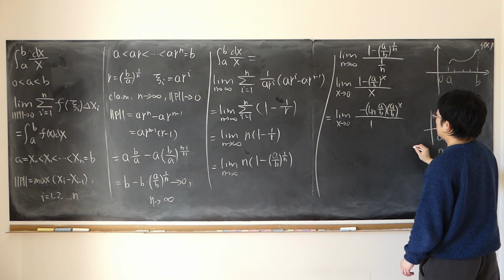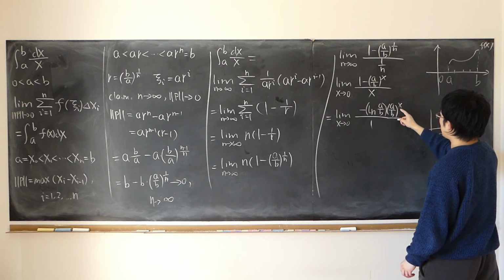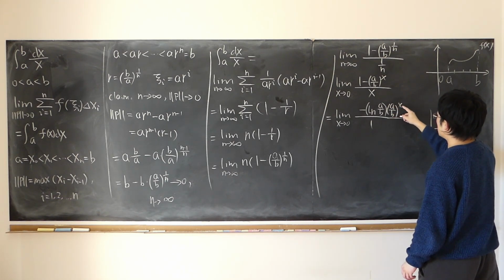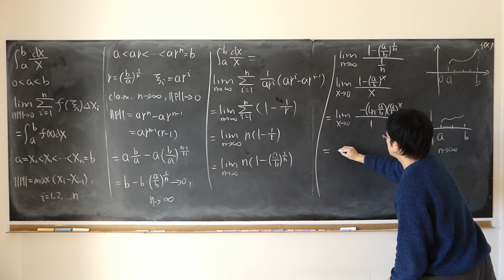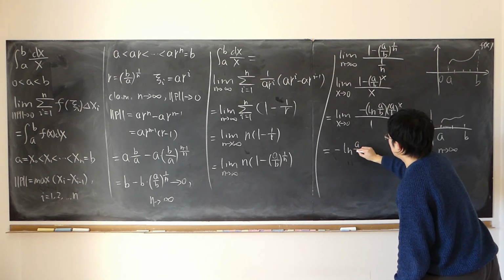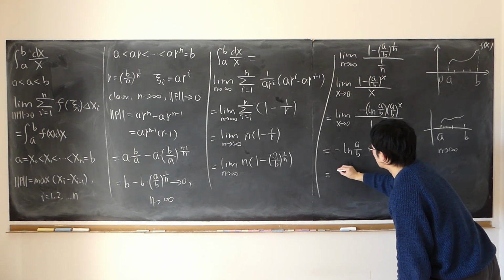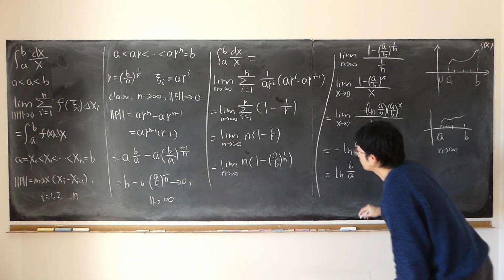Then we let x approach 0. The power approaches 0, the base is fixed, so the whole thing approaches 1. 1 times this, so that is equal to minus log a over b, which is log b over a, right?